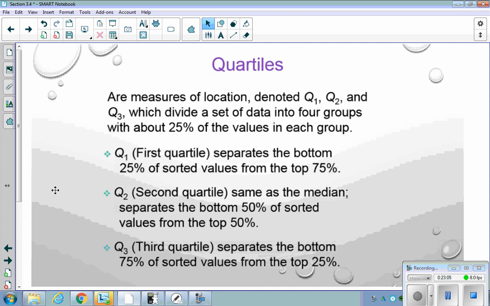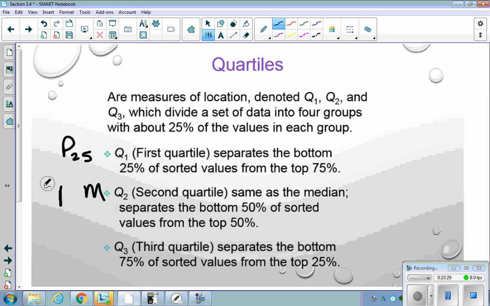So the first quartile, second quartile, and third quartile. Well, the first quartile is what? The 25th percentile. The second quartile, because it's exactly midway, is 50%. It's really the median, or the 50th percentile.